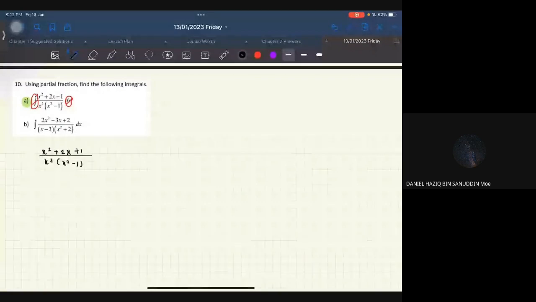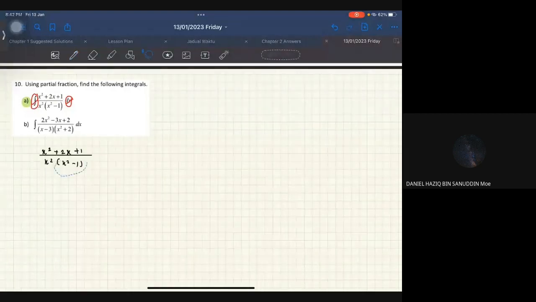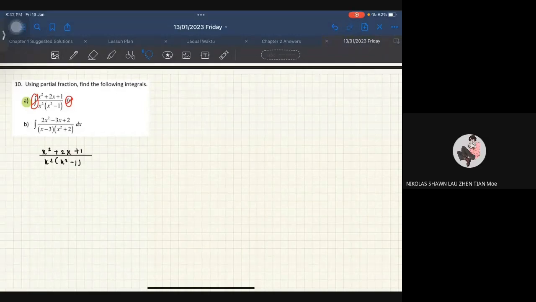Can we factorize x minus 1 ke dia tak boleh factorize? Saya rasa dapat. Sorry, dia dapat.